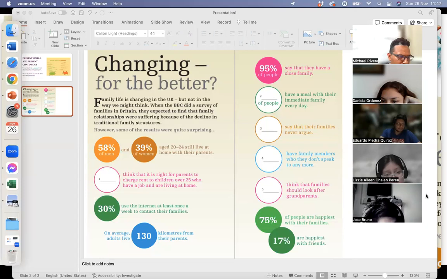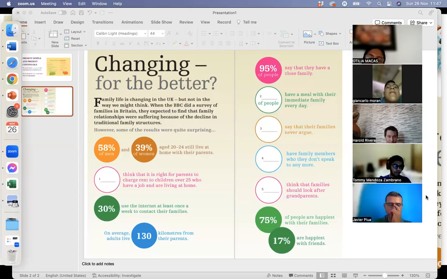Well, I have some friends who have a lot of siblings in their family that are over 28, 30, and they don't pay rent at home.